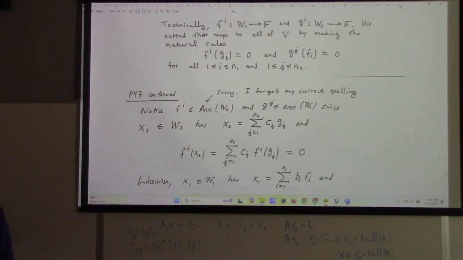Whenever you have a linear transformation, if you send the basis to 0, that means the transformation is 0. So the fact that I know this is true implies that. Because the Gs form the basis for W2, if they kill everything in the basis, it follows that they annihilate everything.